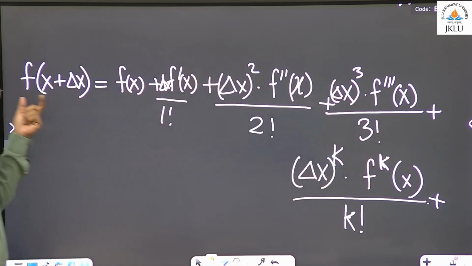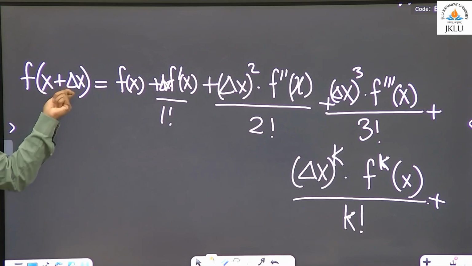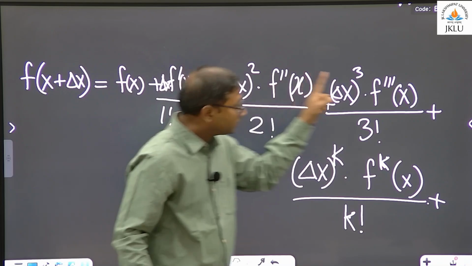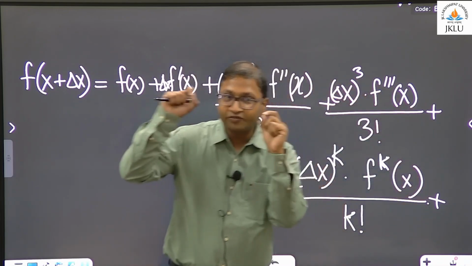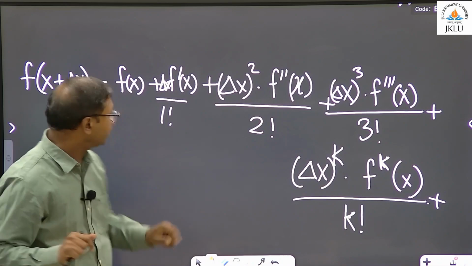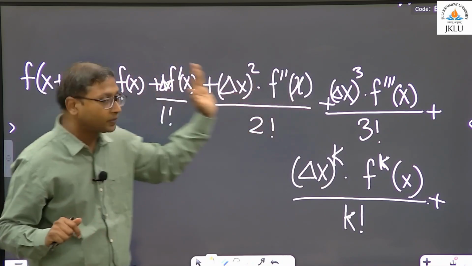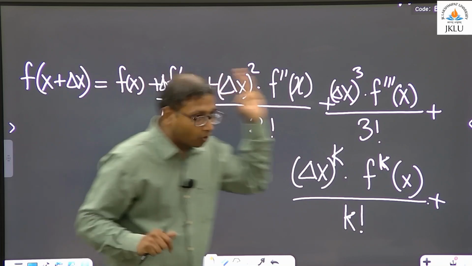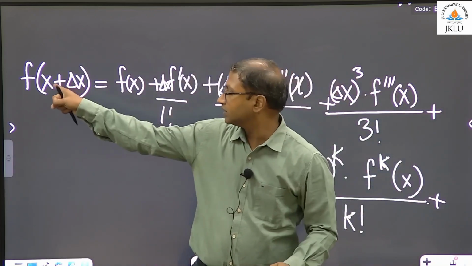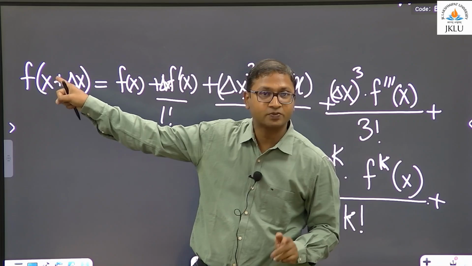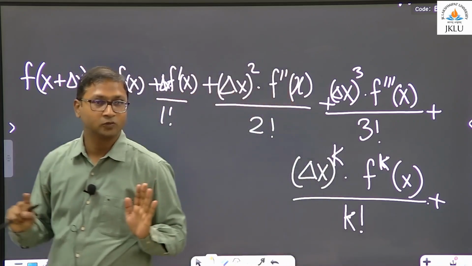The value at x plus delta x can be written like this, with infinite precision. This is an infinite series, you keep on plugging this. The more terms you have, the better is the approximation to f of x plus delta x. Questions here?